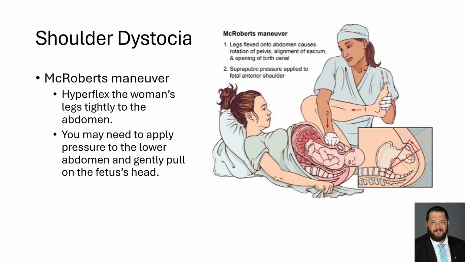So you can engage family members or dad on scene or your partner to help push the feet upward, the knees upward toward the chest. So you're bringing the knees up toward the abdomen and rolling the buttocks upward. You may also need to apply slight pressure on the lower abdomen while pulling the legs back, and that helps push the shoulder underneath the symphysis pubis, which is where the catch for the shoulder is during shoulder dystocia.